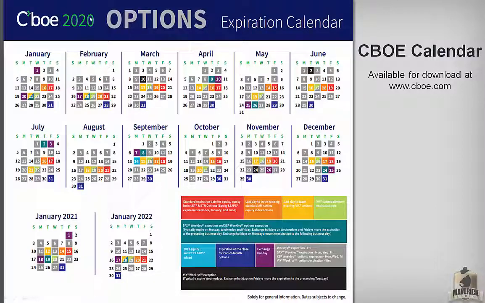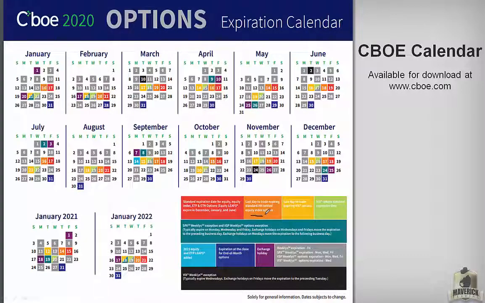You can still go in and get the 2020 option calendar to help you through the rest of this year. And it just breaks down different expirations and shows you, first in red, your third Friday expiration. See all these red dots? Every month, there's a standard expiration. Not everything exists every month, but those standards do.